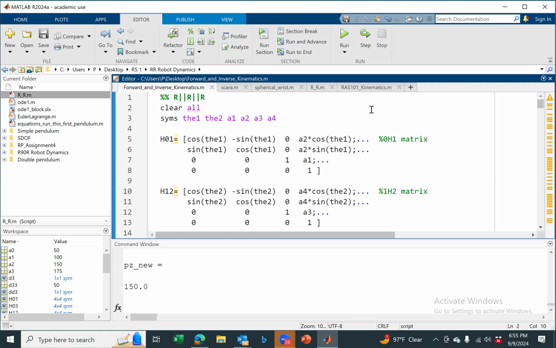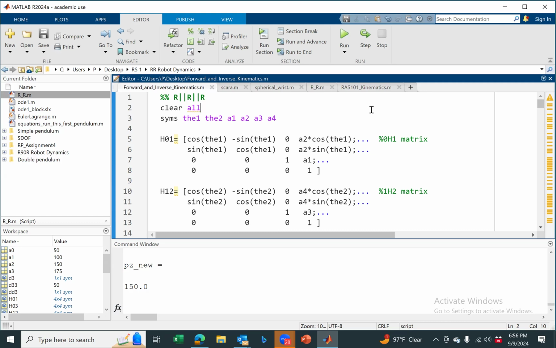So I will go line by line what this code is doing, and I would strongly recommend that you go with me line by line and add comments because I have not commented the code. For every forward and inverse kinematics problem, you would use this code as the template.